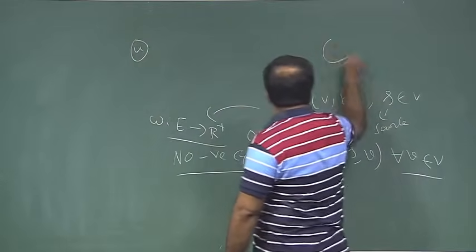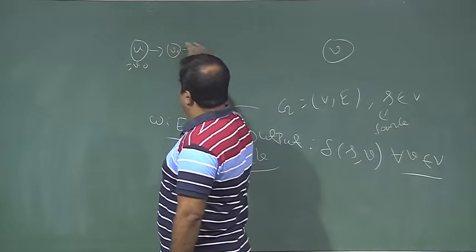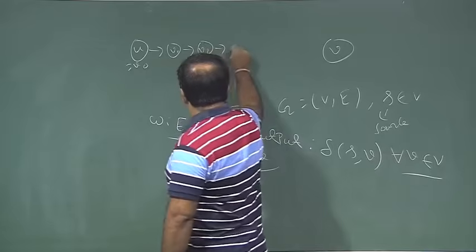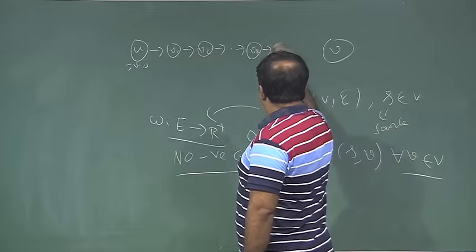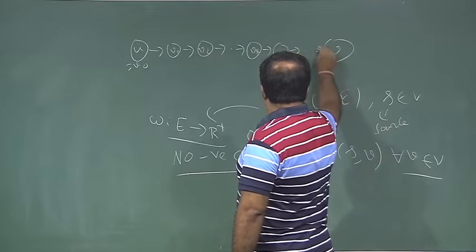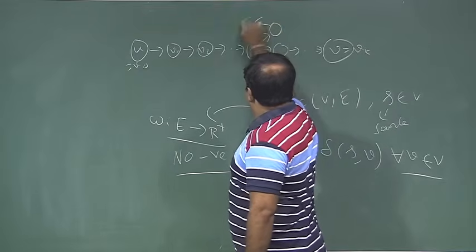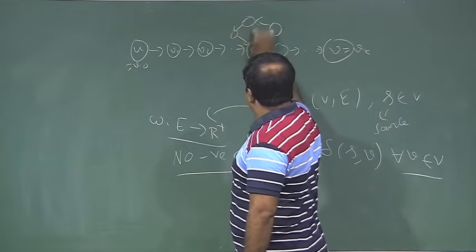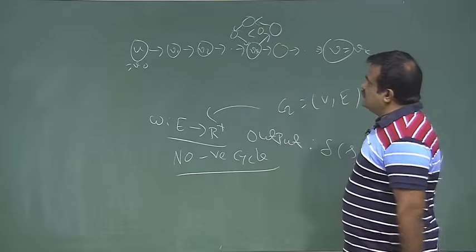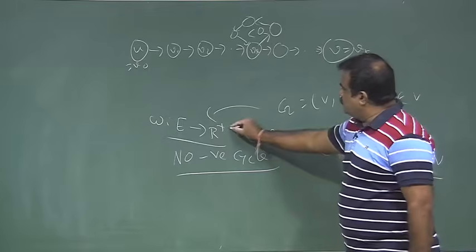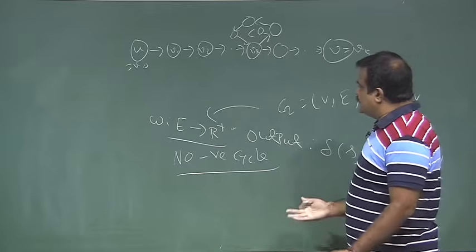If we have vertex u to v, so this is v0, v1, v2, say vl, vk, and if there is a negative cycle over here, which will not be the case in Dijkstra's algorithm because there is no negative weight edge, but in general we can have a negative weight edge. So that may create a negative cycle.